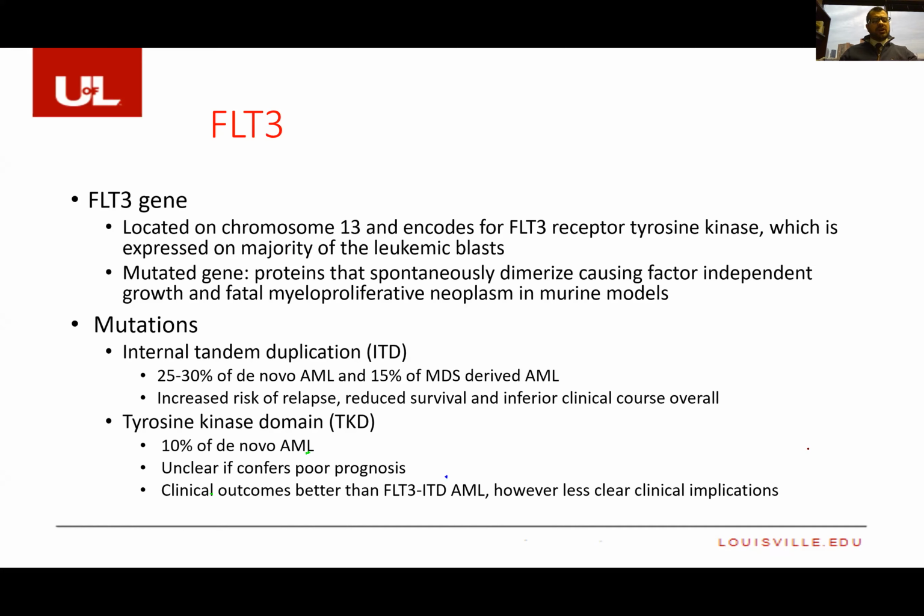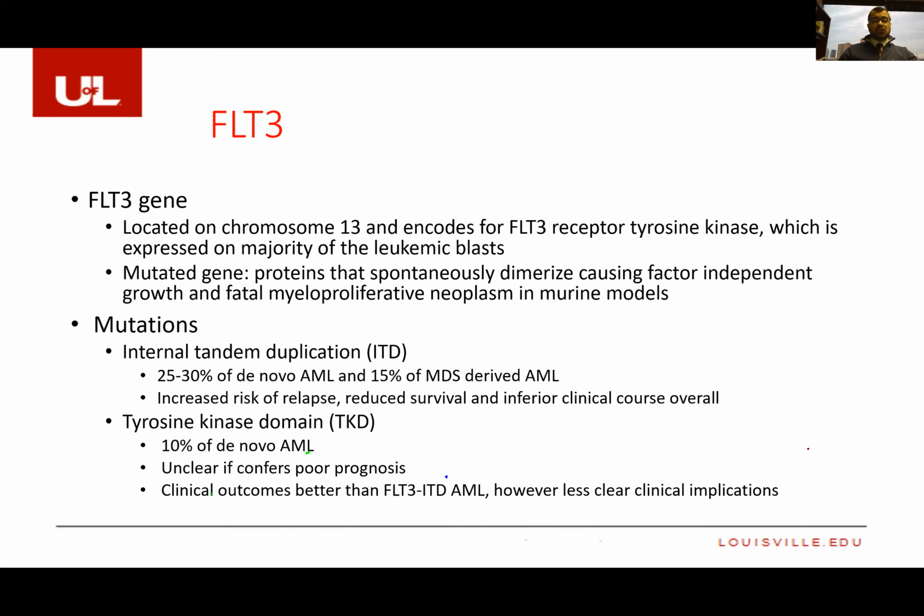So we know and understand very well how FLT3 plays a role in acute myeloid leukemia. However, it took us so long to find a drug. And guess what? It's not uncommon to have it. FLT3 is not just FLT3. There are multiple domains, so you need to actually check which FLT3 mutation it is.